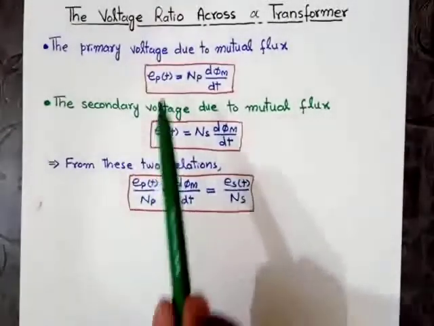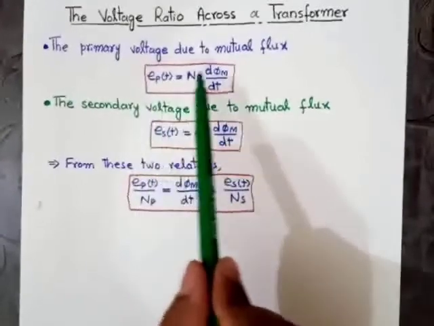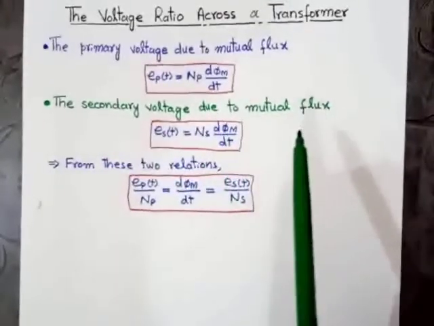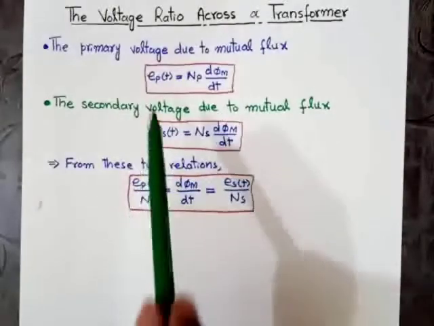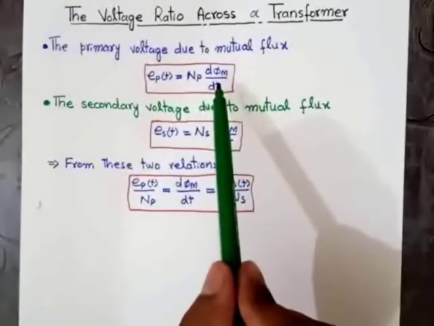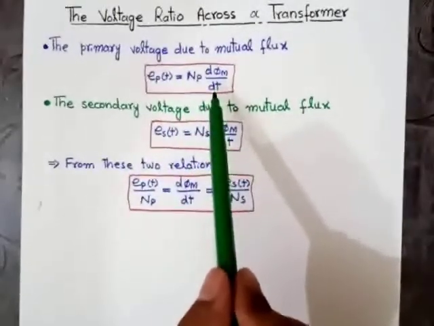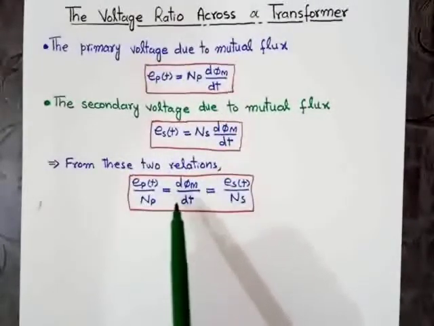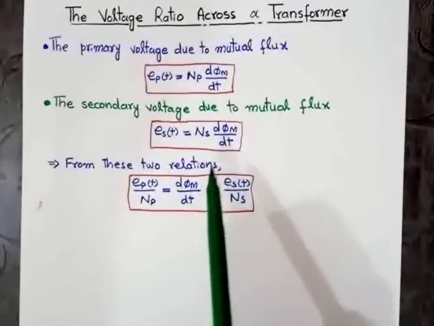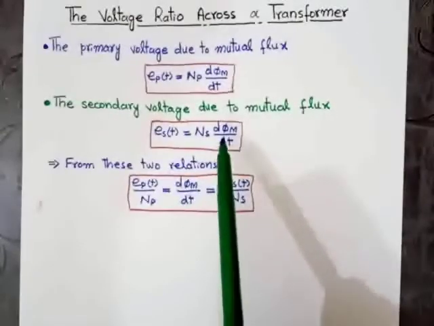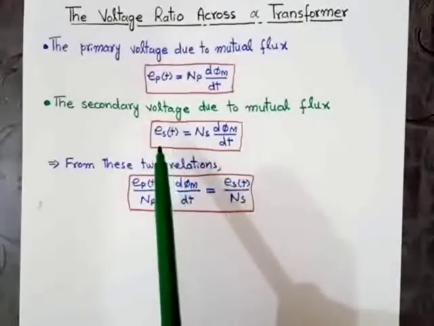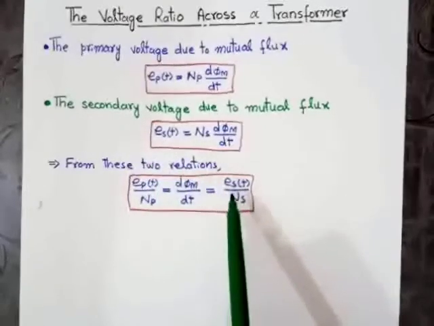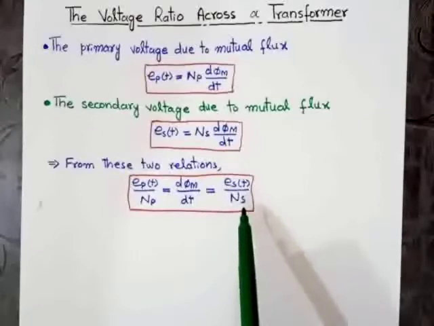So from these two equations, Ep over Np will be equal to dφm/dt, and dφm/dt will also be equal to Est over Ns.